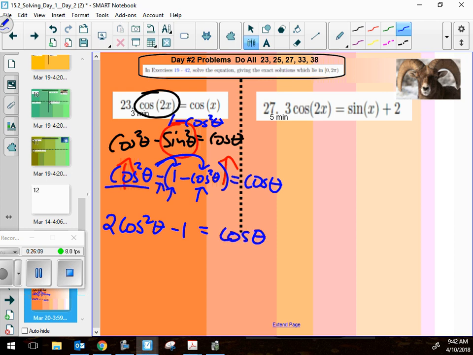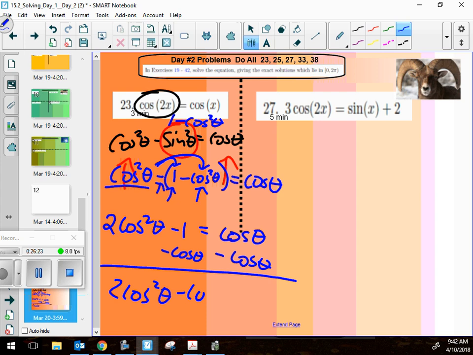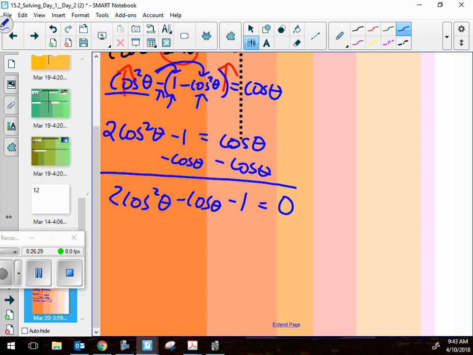And I said just a second ago this will be pointless unless we set it equal to 0. So now I'm going to subtract cosine from both sides. And I have 2 cosine squared minus cosine minus 1 equals 0.